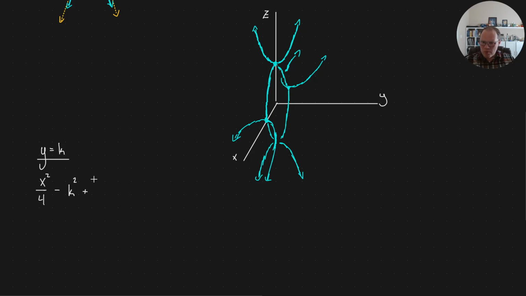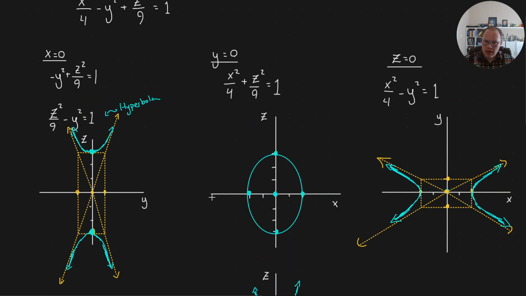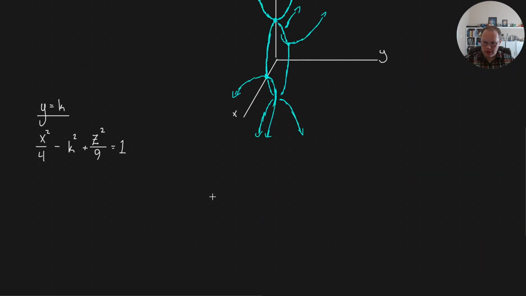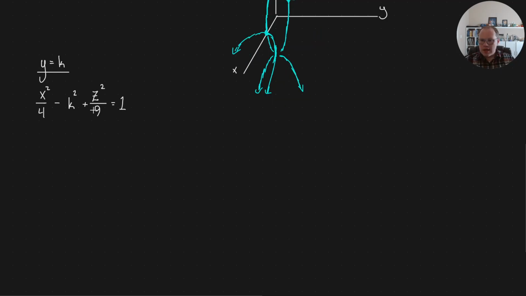The goal here is not just to think about one trace, but to think about the behavior of all the traces for fixed y. Let me make sure I copied it down right. I did. Now k isn't a variable, so I'll move it to the other side with the other constants. So I get x squared over 4 plus z squared over 9 equals 1 plus k squared.